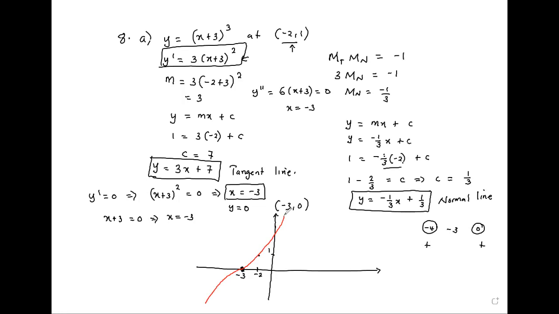Then the tangent line is 3x plus 7. So when x is 0, it is 7. It needs to be a bit sharp so that we're able to put up the other lines.